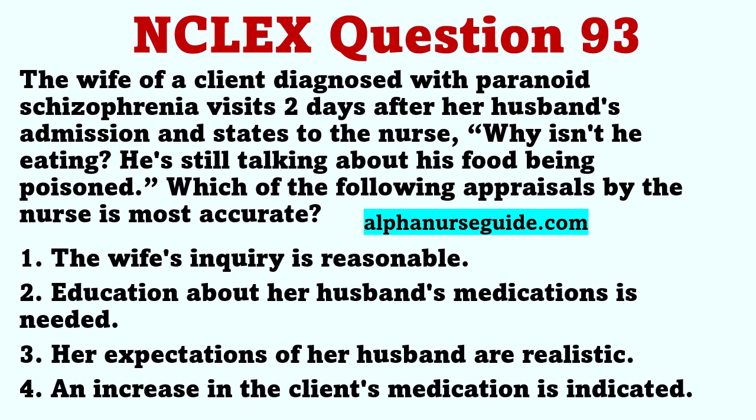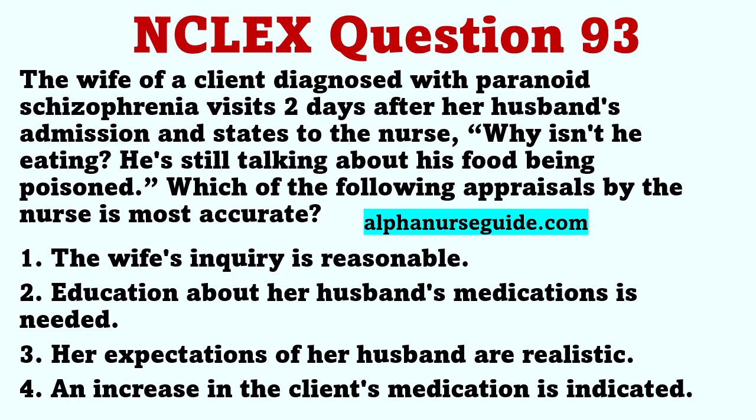Rather, the nurse would reasonably expect delusions to decrease, disappearing by 5 to 9 days of hospitalization. The wife's inquiry is not reasonable because not enough time has elapsed to evaluate the effectiveness of treatment. An increase in the client's medication would be unreasonable because not enough time has elapsed to evaluate the effectiveness of the medication. Generally, a time frame of 5 to 7 days is needed before the effectiveness of medications can be determined.